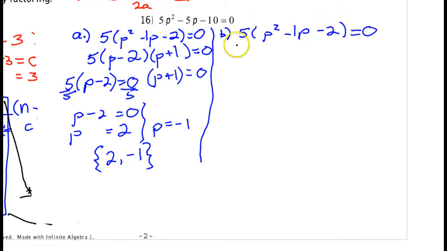But now let's complete the square. Half of negative 1 is negative 1/2. Square it and you get 1/4. So to complete the square, we need 1/4.